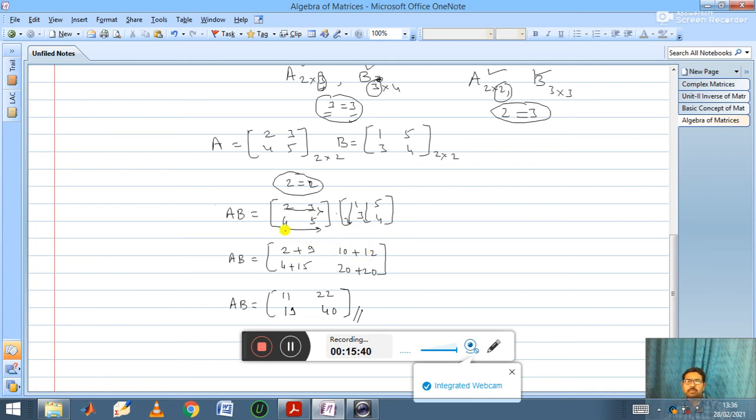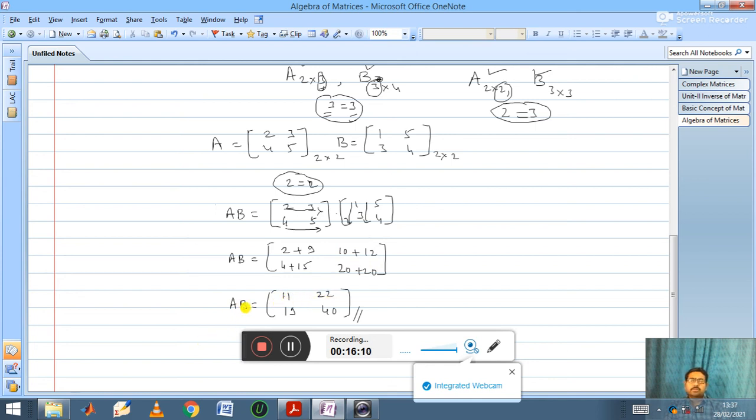Then you multiply the second row of the first matrix with the first column of the second matrix, and you get 4 plus 15. Then you multiply the second row with the second column elements, and you get 20 plus 20. So finally the matrix product AB is 11, 22, 19, 40.